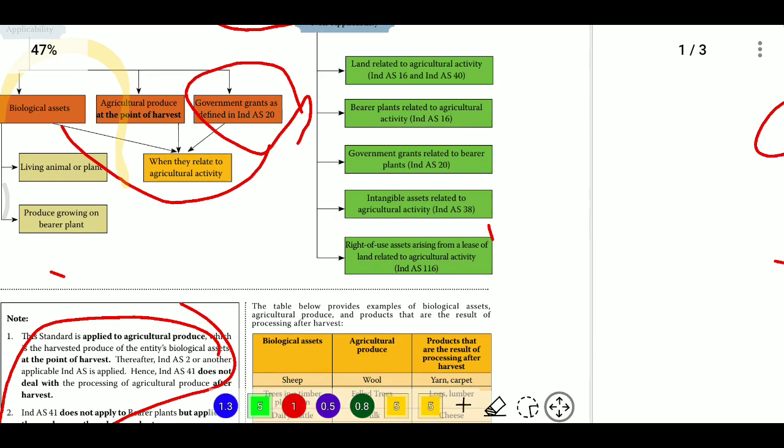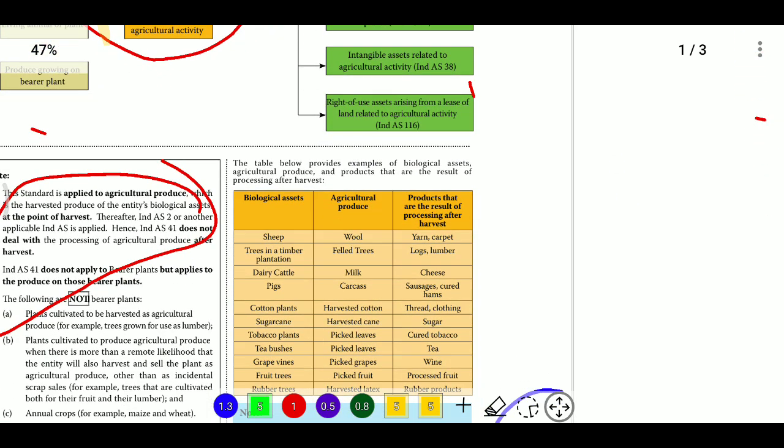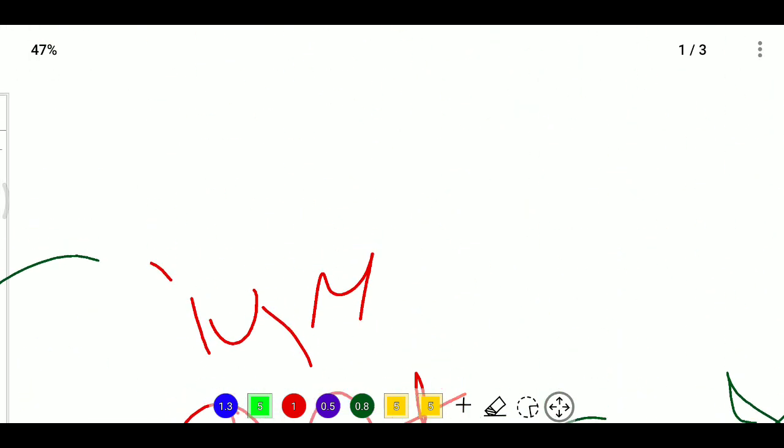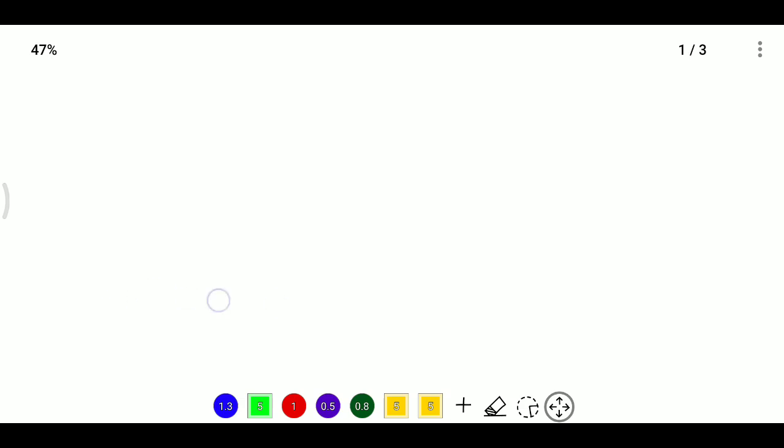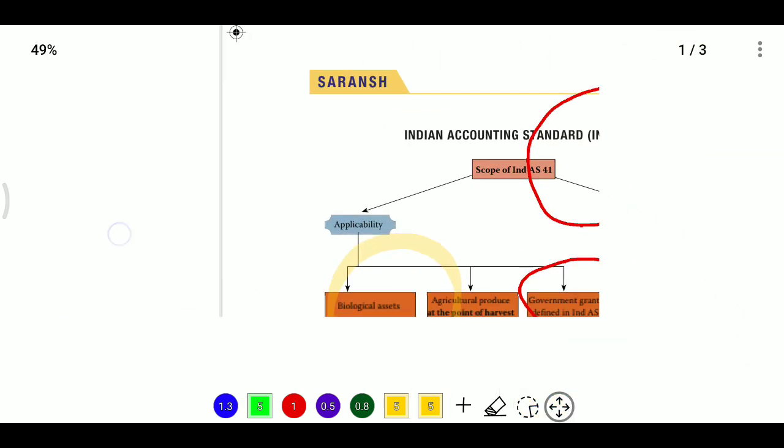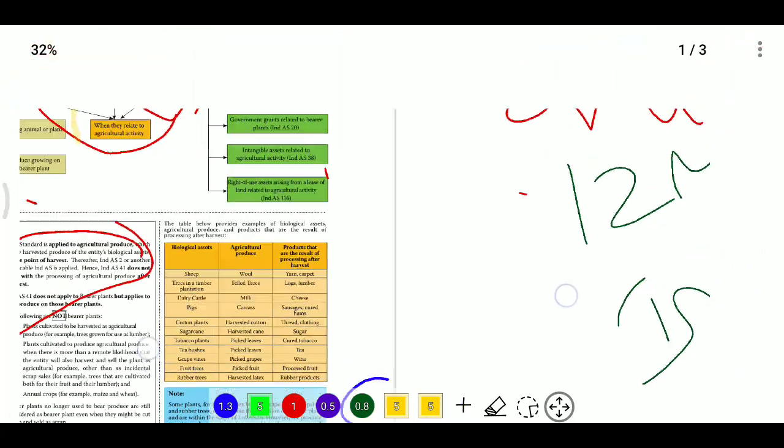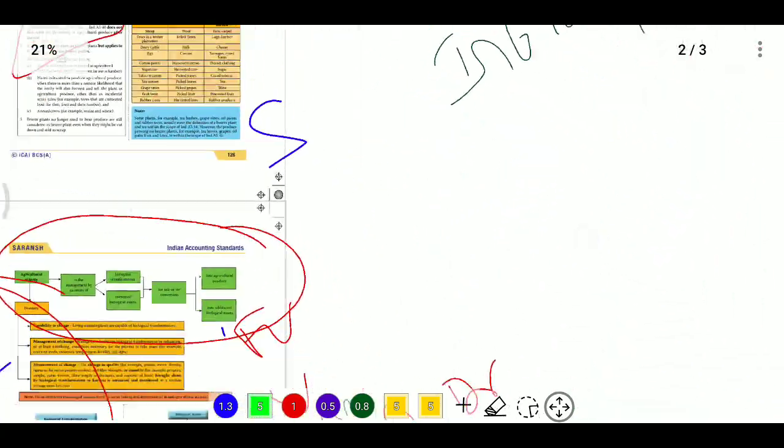Accounting treatment: how do we recognize it? For initial recognition, we recognize the biological asset and debit it. If there is a loss, we debit; if there is a gain, we credit. For the fair value, we discussed fair value of assets, and we need to check from the point of view of a seller or buyer.